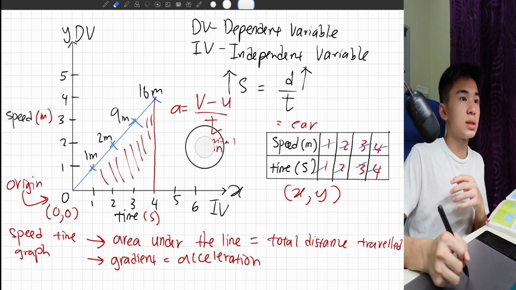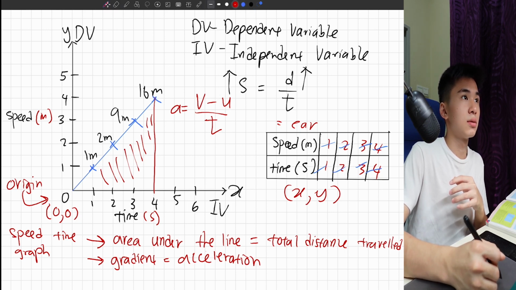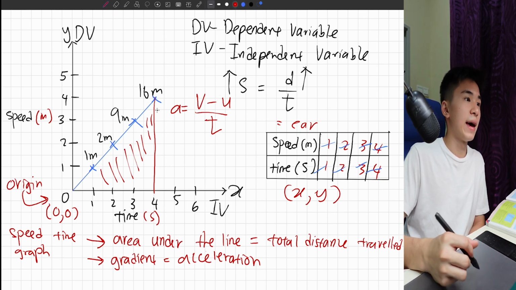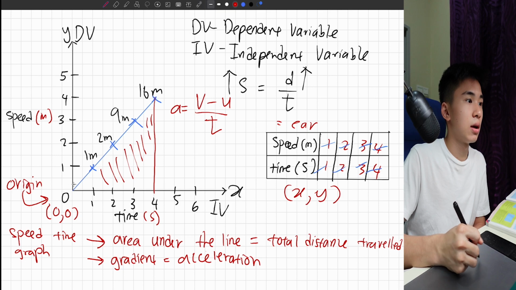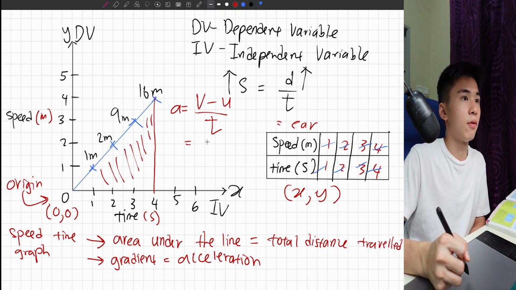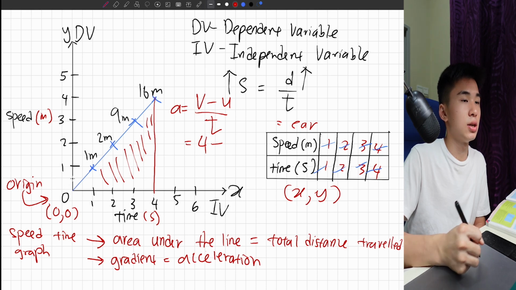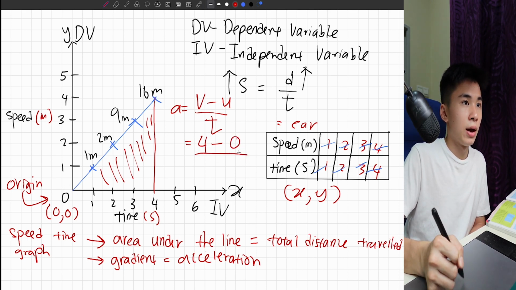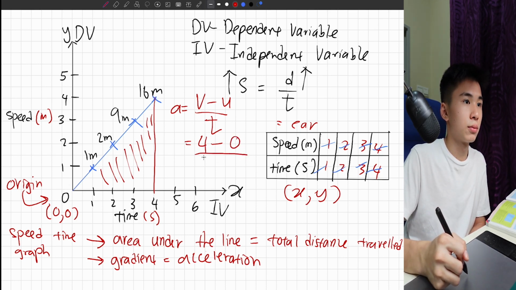So let me just erase this first. So right now I want to find the acceleration from time 0 to time 4, which equals the final speed, which is 4, minus the initial speed, which is 0, here, over the time, which is 4 minus 0, which is 1.